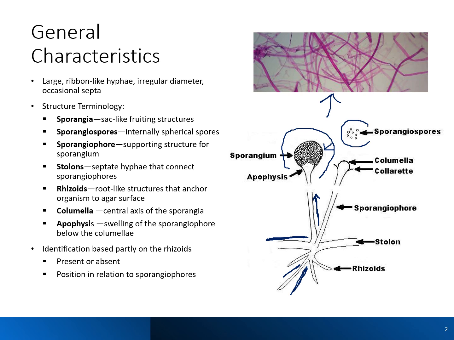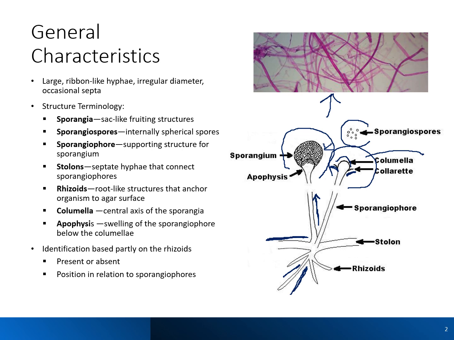The columella is right here, which is the structure that comes out of the sporangiophore. It's basically what this whole sporangium forms around. The collarette is sort of like a little collar, so you can see that structure sticking off here.